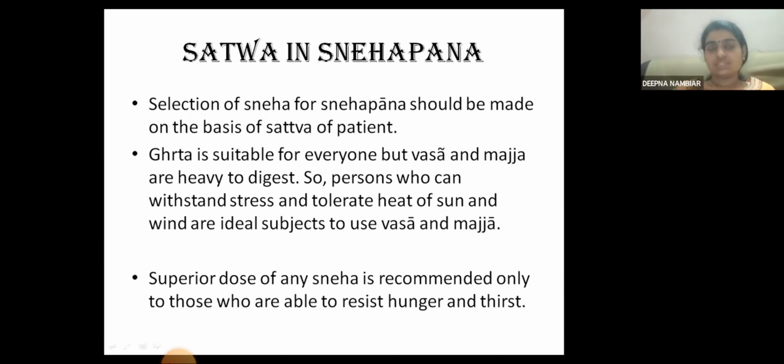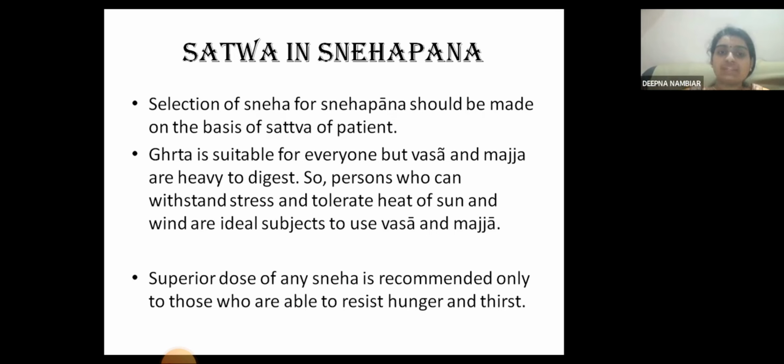Coming to the Sattva Pariksha, or the need for Sattva to be assessed in Panchakarma: as I explained, the selection of sneha and the type of Snehapana should be made on the basis of the patient. If the patient is not at all cooperative with having a bitter ghee, say you have to give Tiktaka or Mahatiktaka ghee, and the patient is not able to have even one teaspoon of ghrita as part of treatment, then we cannot go for Snehapana with an Achha sneha, that is for sure.